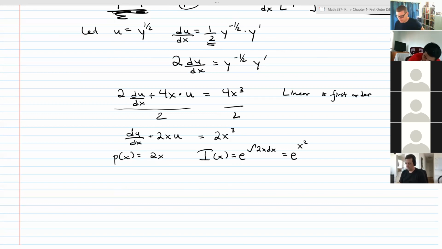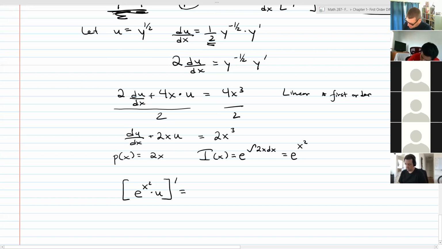So now we get e to the x squared times u prime equals 2 e to the x squared times x cubed.